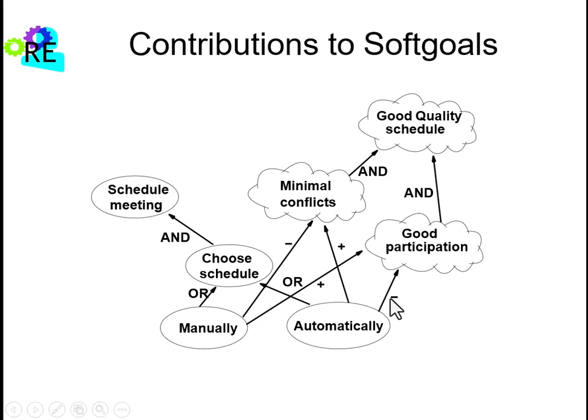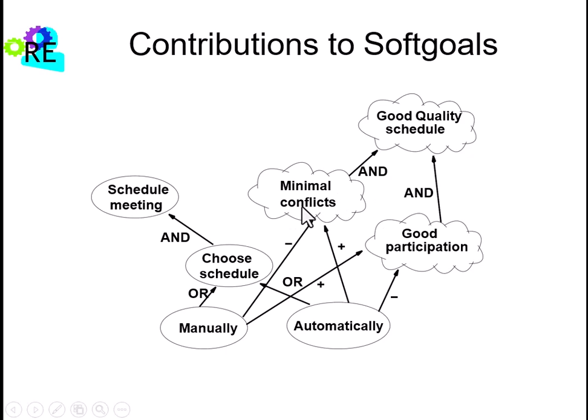Similarly, if we achieve this goal automatically, collection of timetable, it will help to achieve the minimal conflict goal. But if we achieve the manual goal, it will hurt the minimal conflict goal.